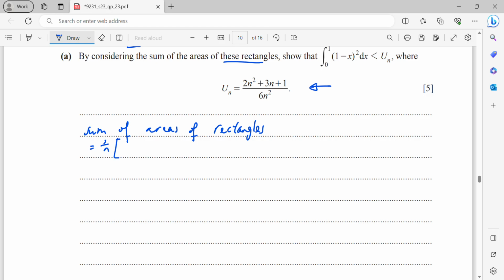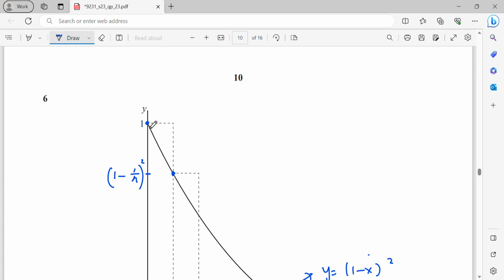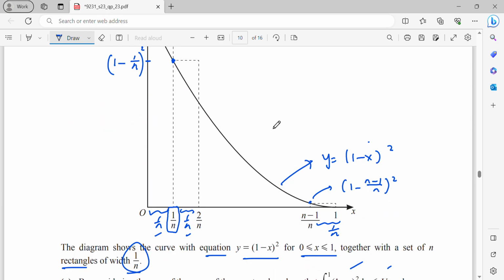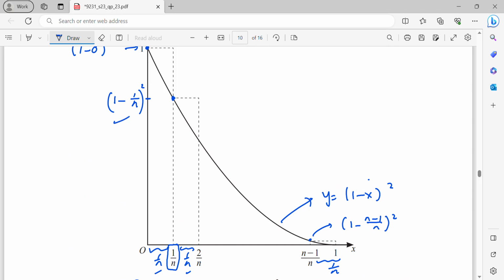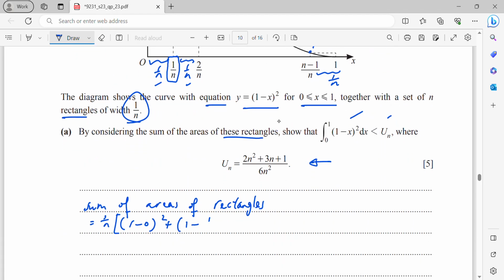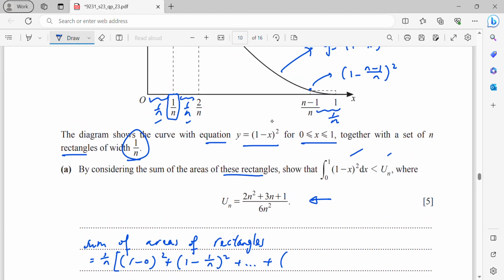Then the first one is going to be 1, so instead of 1, I can write 1 minus 0 over n, squared. Then 1 minus 0 squared, plus the second height, 1 minus 1 over n squared, plus until the last height, 1 minus n minus 1 over n squared.